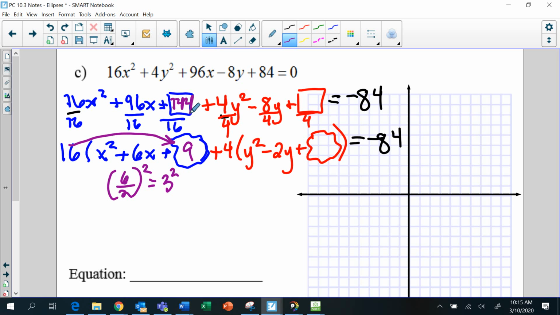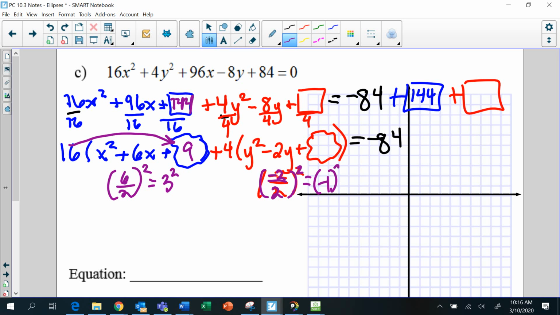So if I add it on that side, I have to add it on the other side too. We'll do the same thing with the red one. I'm going to take negative 2 divided by 2 and square it, in purple, which gives me negative 1 squared, which is 1.